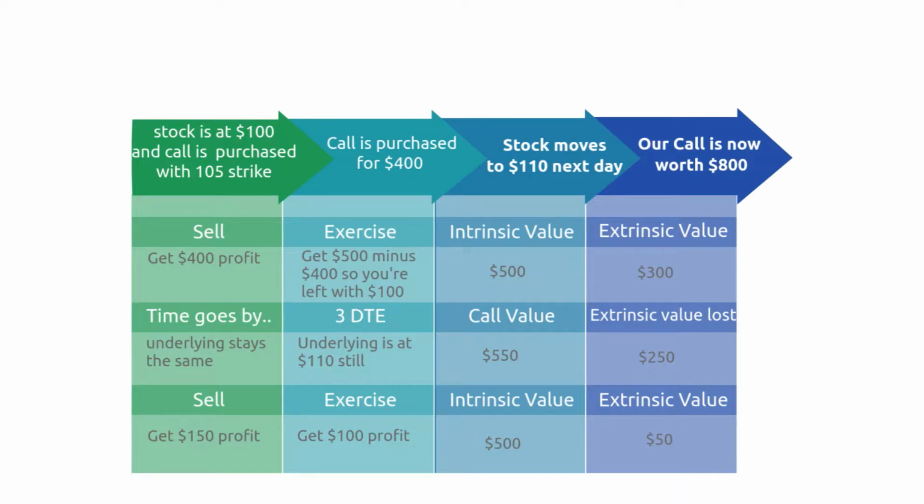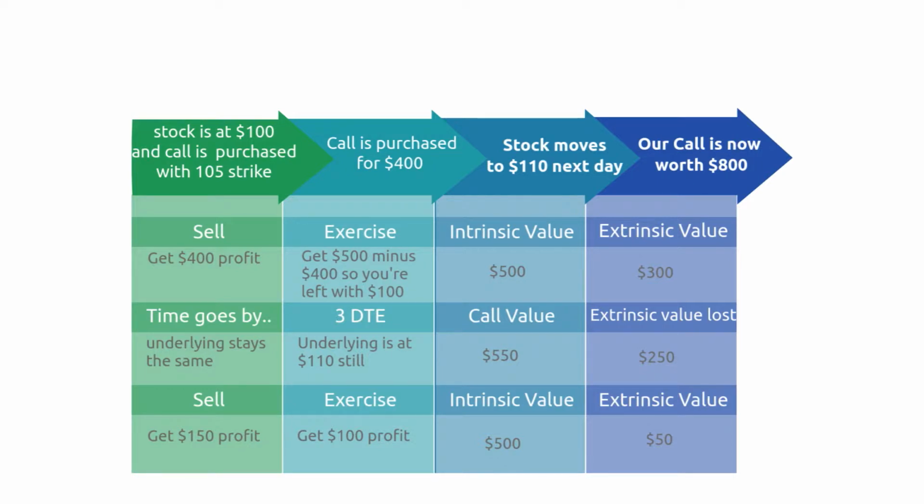Now, to use this scenario to understand early assignment, let's say this guy now has 3 days left till expiration, and the stock price is the same, and the option is now worth $550. But he wants the shares because he believes the stock will rise significantly in the next couple of years.